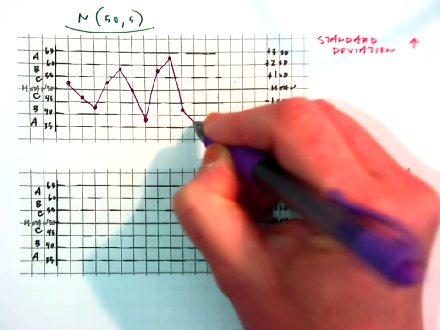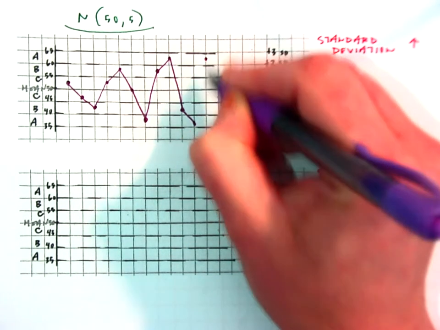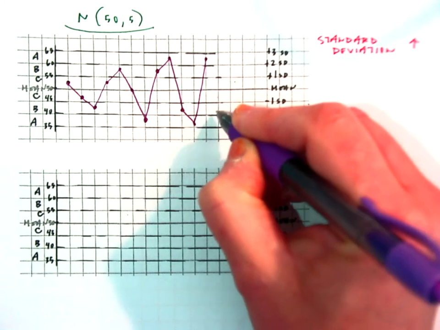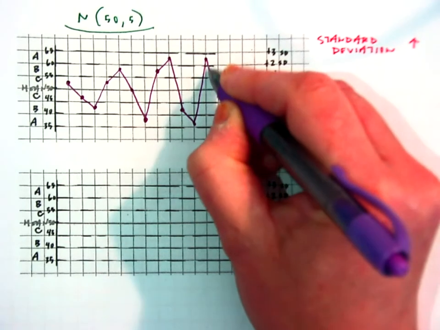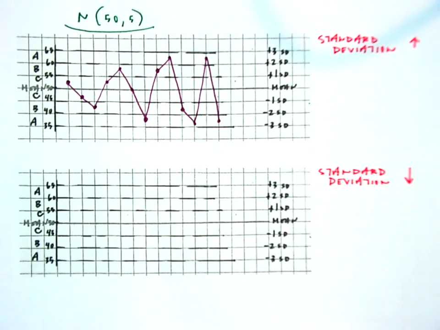I'm seeing that the data is becoming more spread out about the mean. Something like that would indicate that my standard deviation has increased. There is more variation than I would expect if everything was in control.